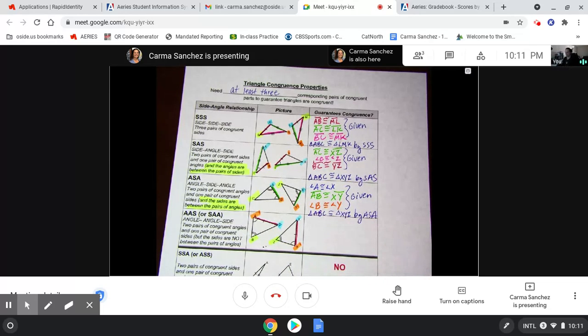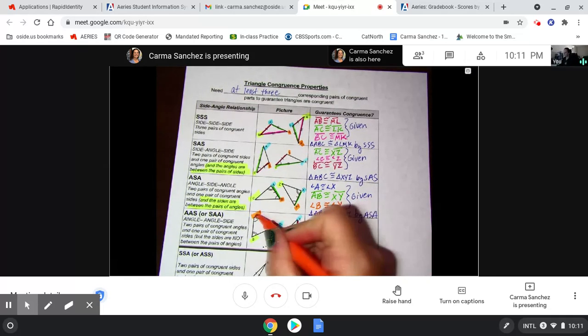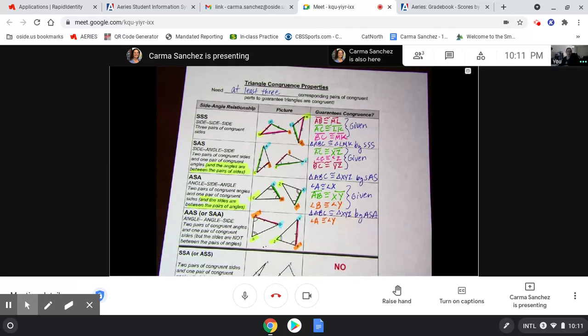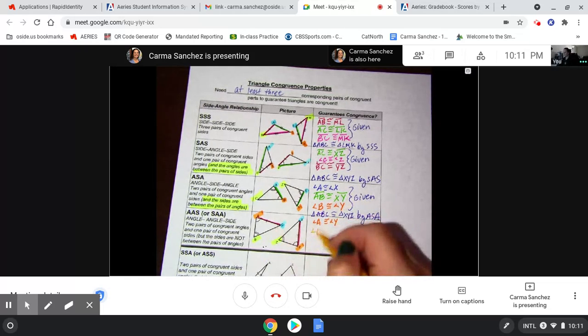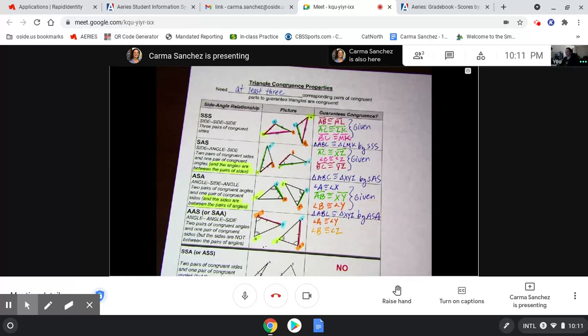Okay, so let's do the angles first. I'm going to go angle A, orange angle, is congruent to angle Y. And then I'm going to go angle B is congruent to angle Z. And then I've got an angle, now I need my side.